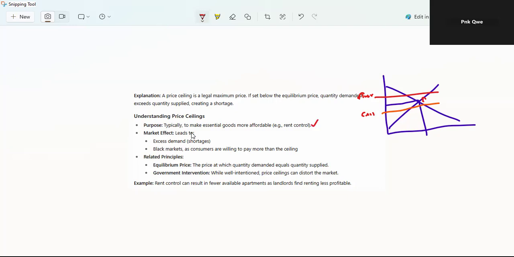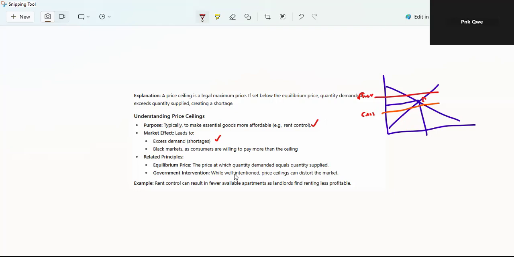This will lead to inefficiencies in the market and excess demand. There will be more demand than supply. The supply is on top, so there'll be more demand and less supply. This will cause a shortage.